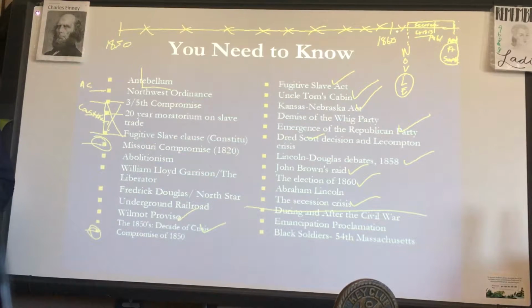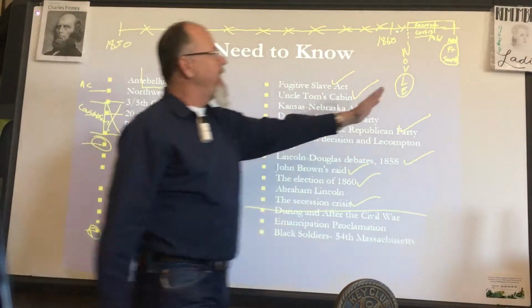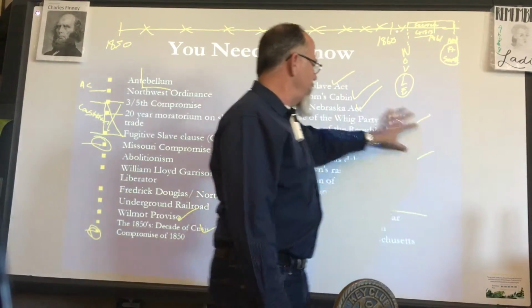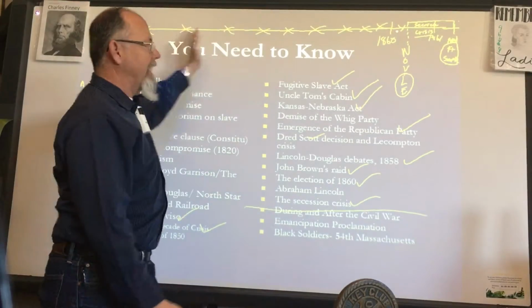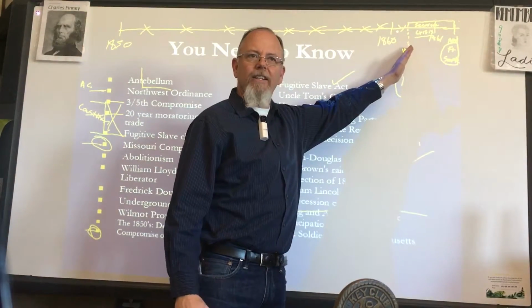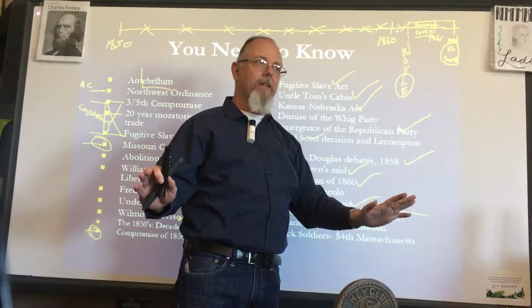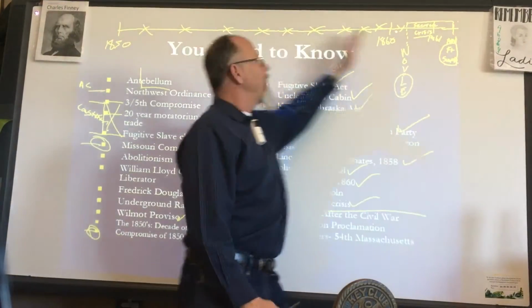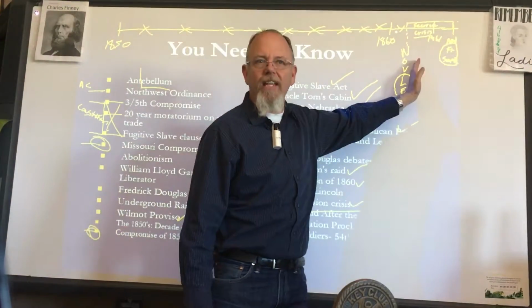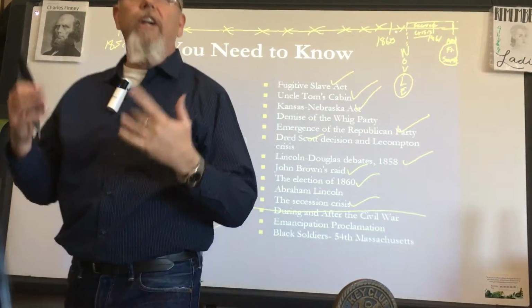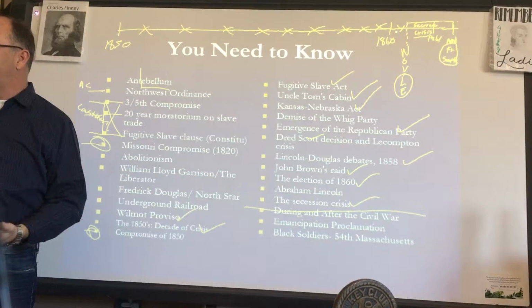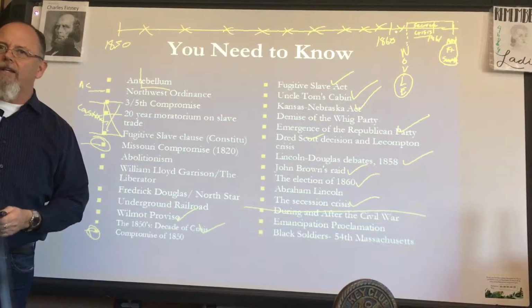And so in order to understand why they decide to leave the Union here, you got to understand how all this fits in along the way. You got that so far? So you're going to, in order to understand this fully, you got to understand the decade of the 1850s. We call it the coming of the Civil War because of what happens in the 1850s. So that's part one. You got it?